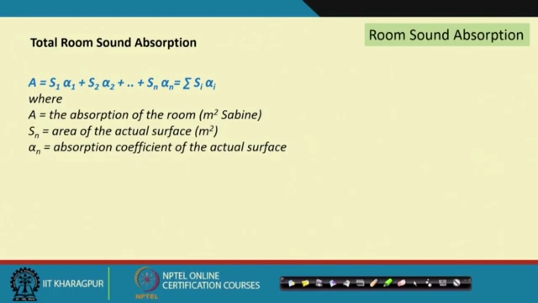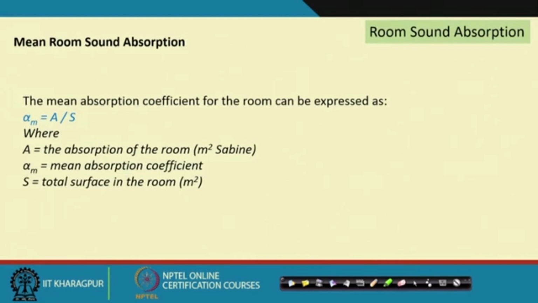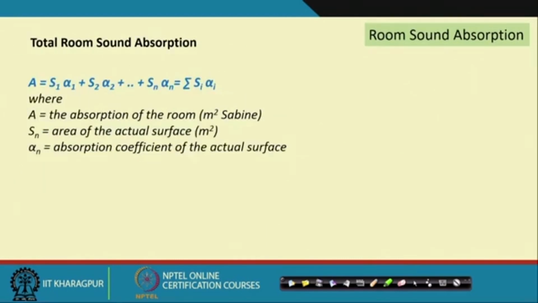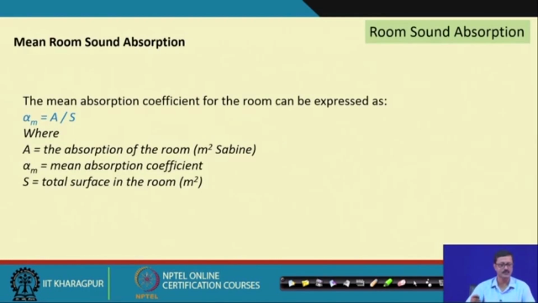So, the total room absorption in meter square Sabin will be the sum of the products of S and alpha. Suppose that is called the total absorption A, capital A. If I divide that capital A by the total interior surface area available to me, then this will be the mean sound absorption of that particular room. That can be useful for our further calculation when we talk about reverberation and reverberation time.